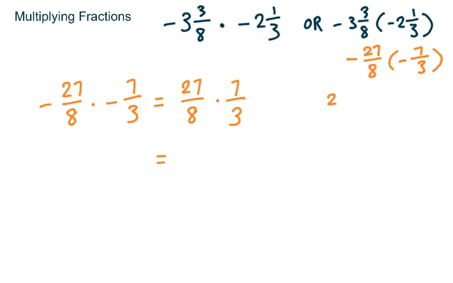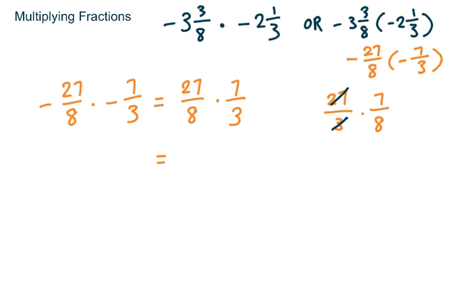You can also think of it as you have 27 over 3 times 7 over 8 by applying the commutative property of multiplication. You will still get 27 times 7 on top, 8 times 3 at the bottom, right? So here we see that 27 and 3 both have a GCF, which is 3.